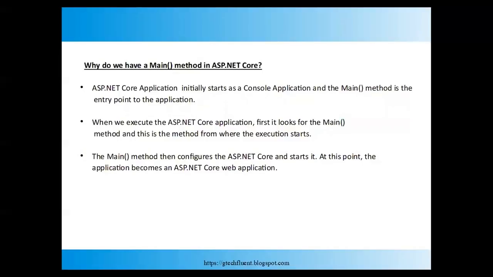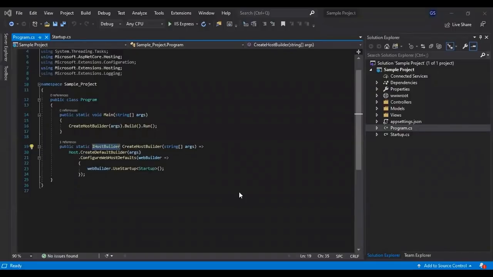So let's see in our project how it converts to the web application. This is the project we created in our project structure video. We skipped the program file in the previous video, so we'll discuss it in this video.